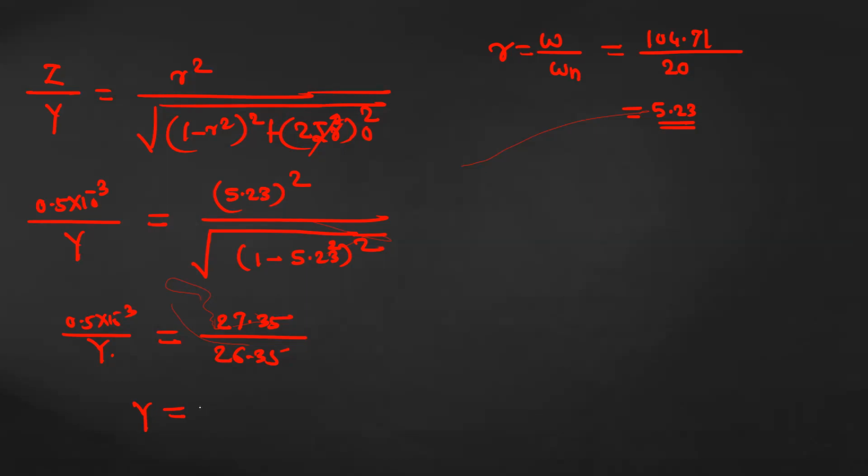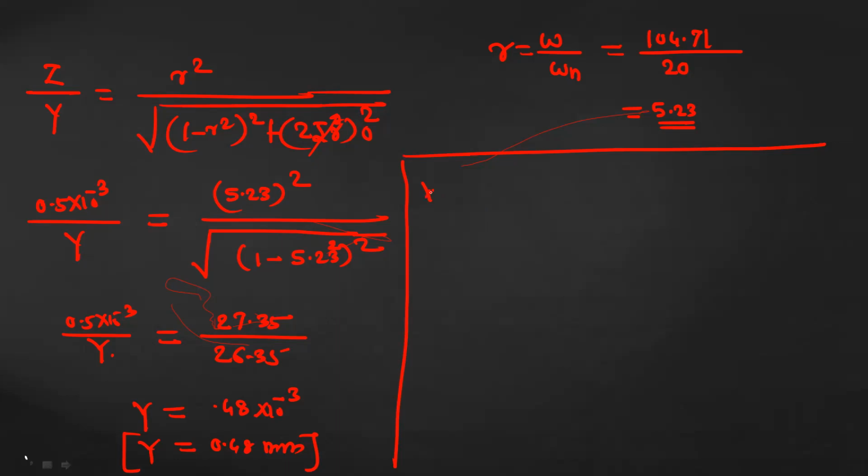So this capital Y is equal to 0.48 into 10 to the power minus 3, which is 0.48 millimeter. So this is the recorded actual value of the displacement for that machine surface.